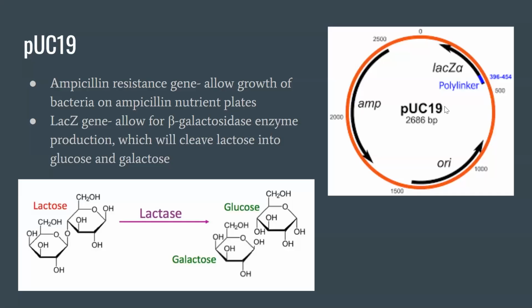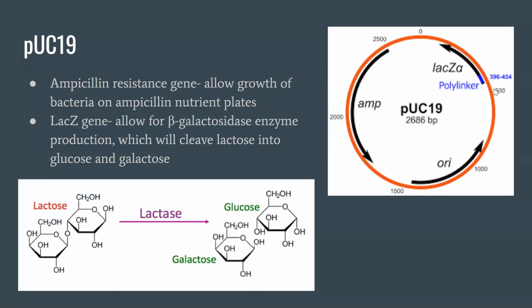Okay, so the pUC19 plasmid here is 2,686 base pairs long, and this is going to be what's referred to as the plasmid backbone. And it has three, I guess mainly two really important genes in it already.